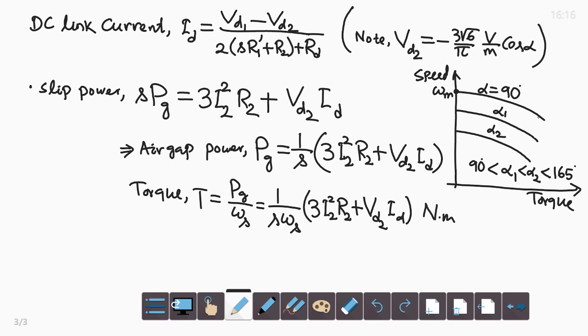When alpha is increased step by step, the no load speed obtained at 0 torque reduces, as shown by these points. Synchronous speed remains the same, no load speed reduces, and as load is increased, the torque speed characteristic is followed. So, this is the set of torque speed characteristics for slip power recovery scheme.